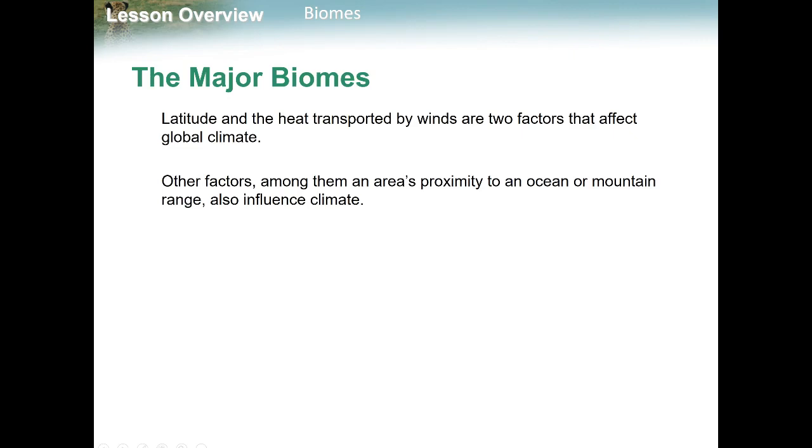We're going to also consider, where is this land or this area located? Is it close to a main water source like an ocean? Or is it in the center surrounded by dry land? Or is there a mountain range that happens to be in that particular area? Because all of those things can influence the climate as well.